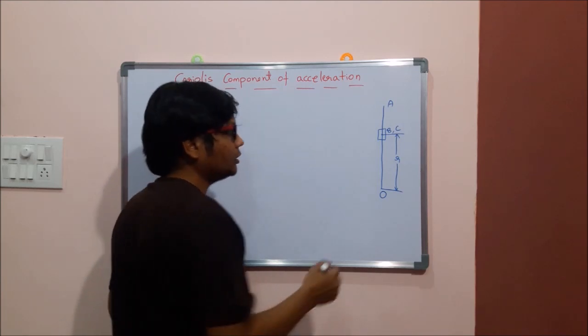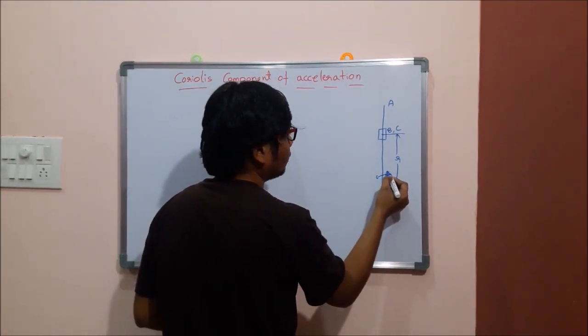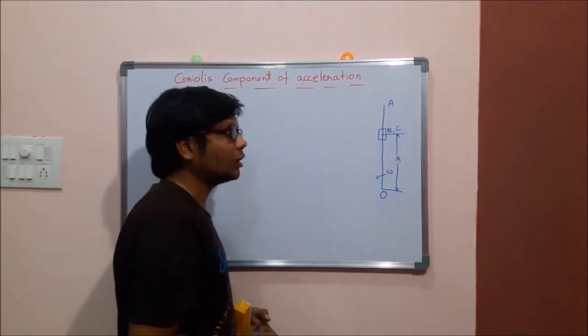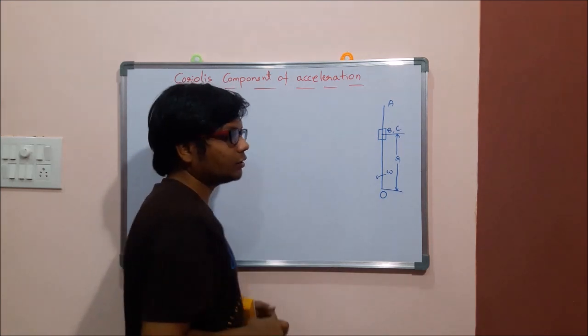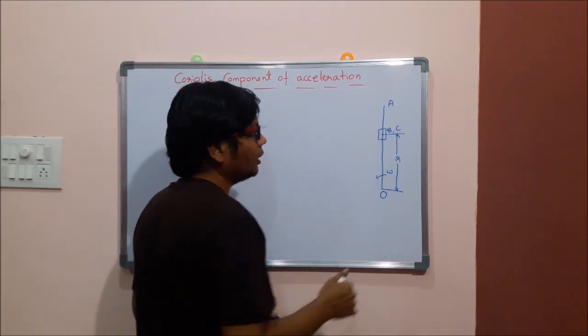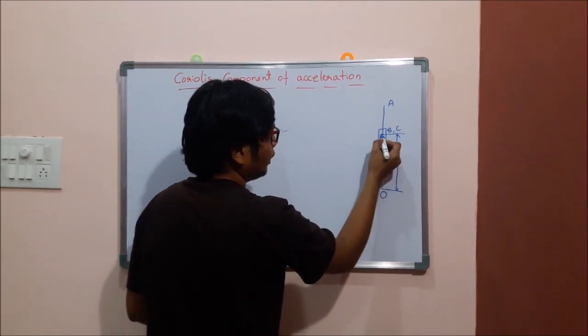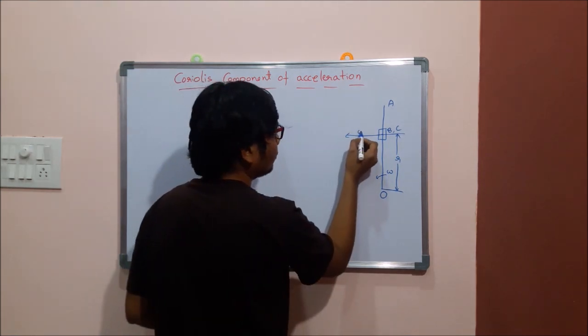Initially I am considering this link OA rotating with an angular speed of omega. Due to the sliding of that sliding element, link OA is oscillating with angular speed omega. Due to this omega, it has a tangential velocity, written as omega into r.